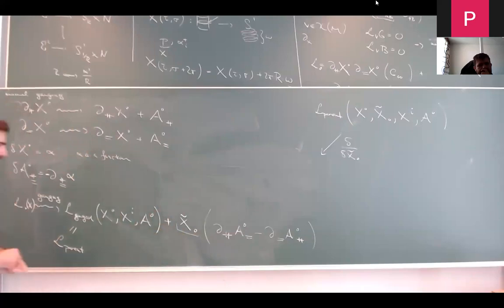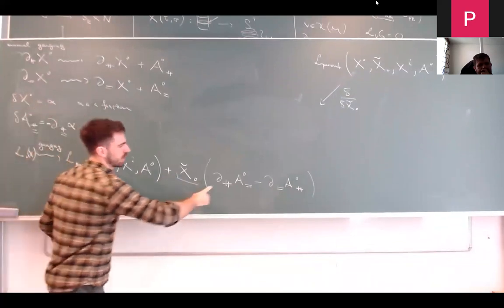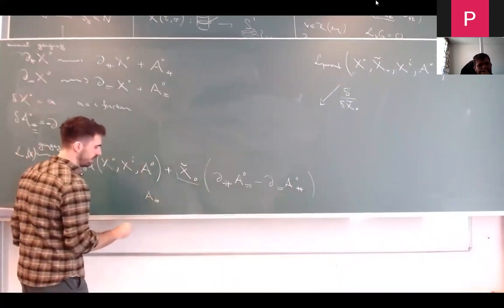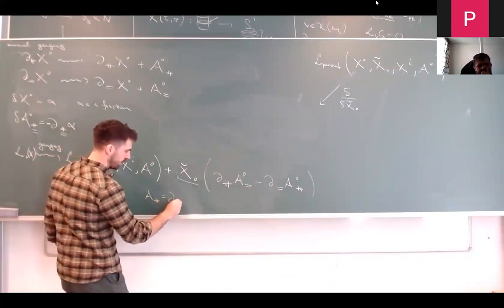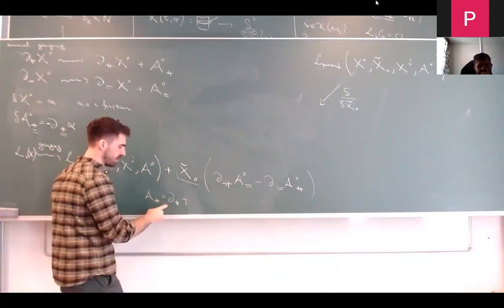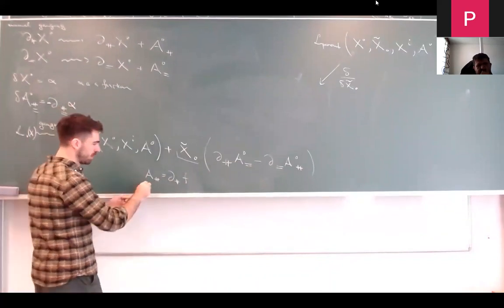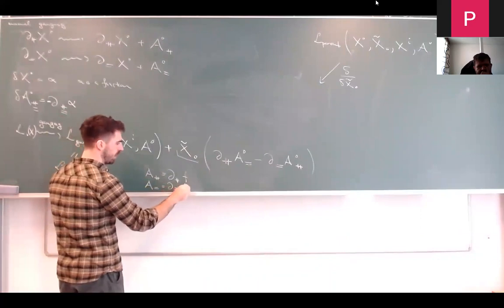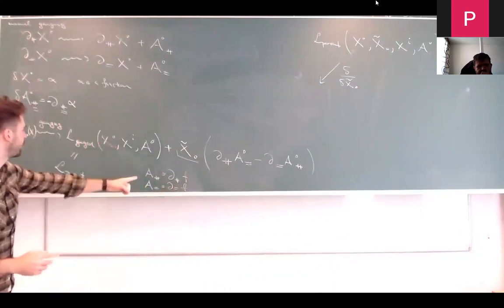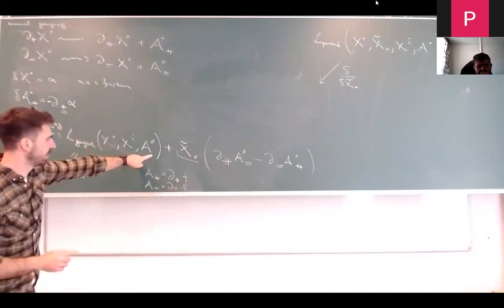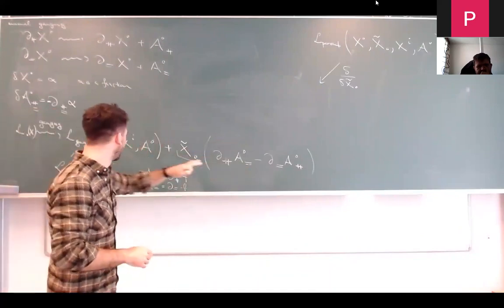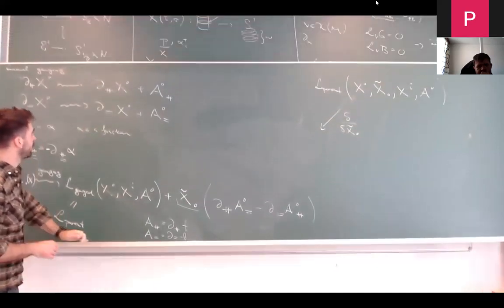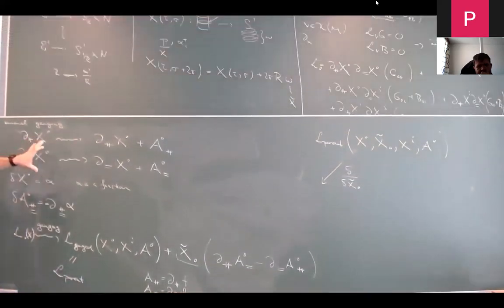And so locally, I know that if this is flat, I can write this as a d of some function. And I can feed that into this Lagrangian, right? If I feed it here, this will disappear. The only way where it entered was in these covariantized derivatives.